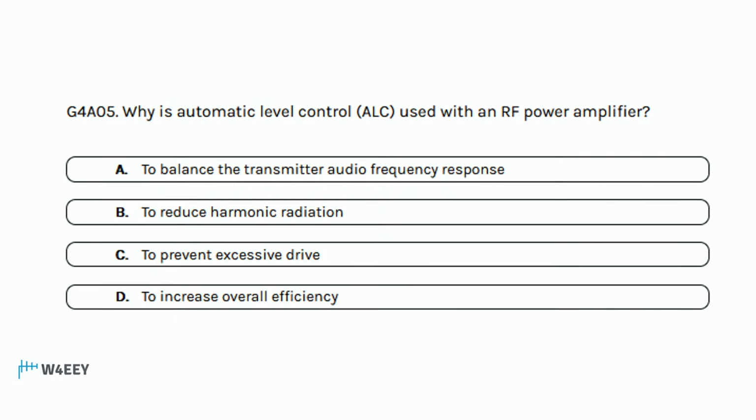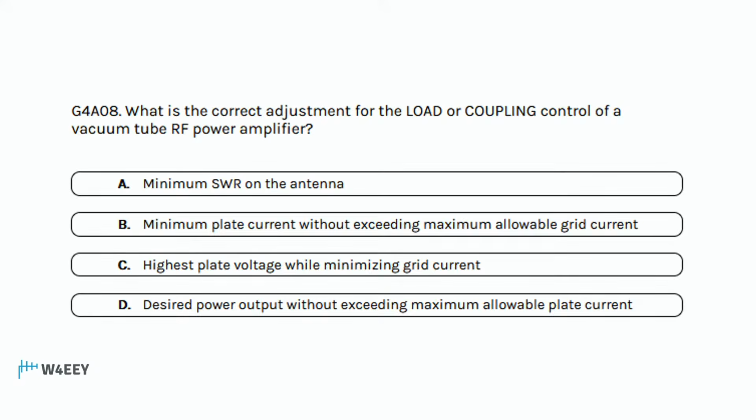And why is automatic level control used with an RF power amplifier? D. Harmony. Yes, to prevent excessive drive. There we go. And what is the correct adjustment for the load or coupling control of a vacuum tube RF power amplifier?